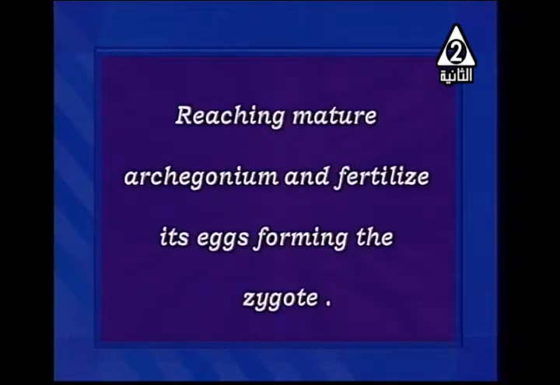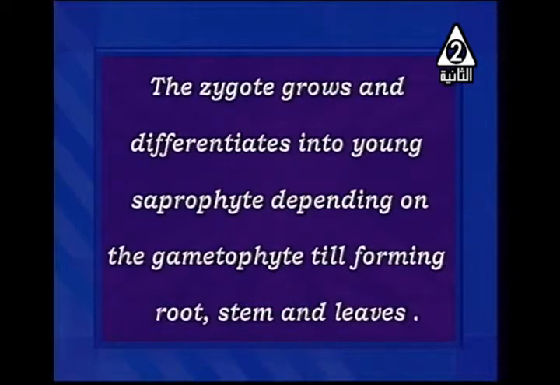They reach the mature archegonia and fertilize the eggs, forming the zygote. After formation of the zygote, which is diploid, carrying the full genetic material, the zygote grows and differentiates into a young sporophyte depending on what? On the gametophyte, till forming root, stem and leaves and the whole parts of the plant.